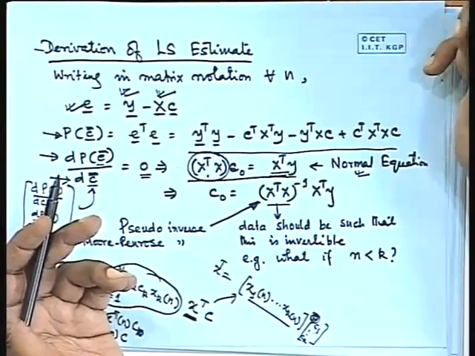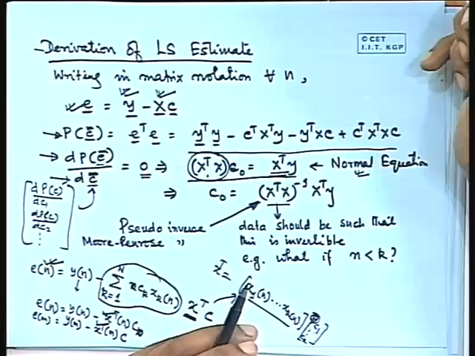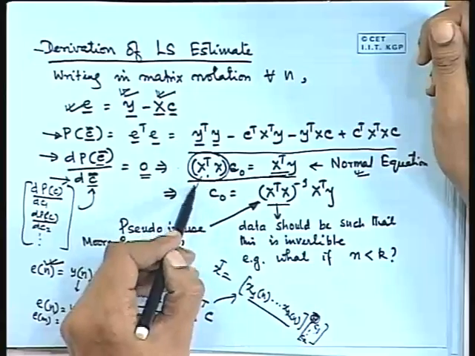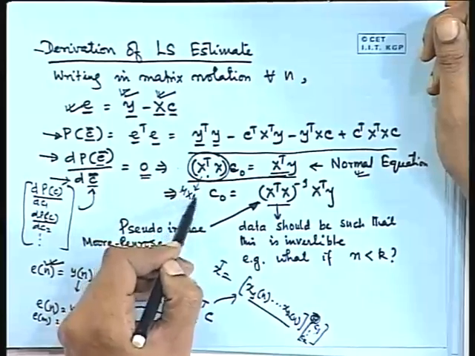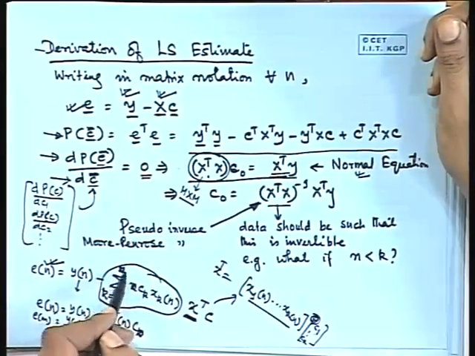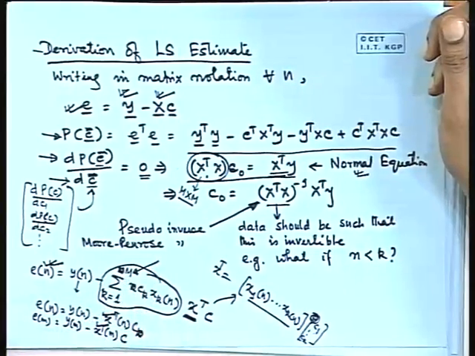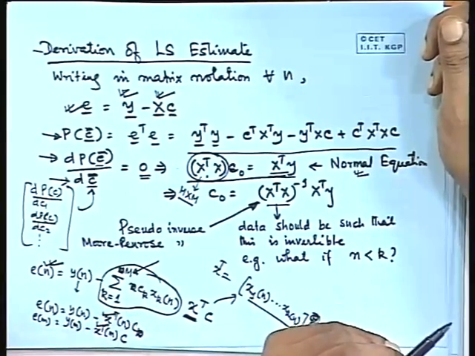N by N, capital N by capital N, N for north. It's capital M by capital M, where M is the number of terms here. Sorry, this should be M. That is the order of your FIR filter. N is the number of points. M is the order of the FIR filter. In the estimate, how many terms you are taking.